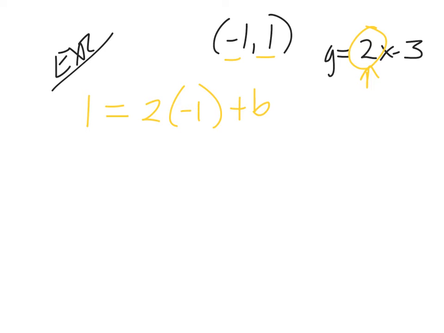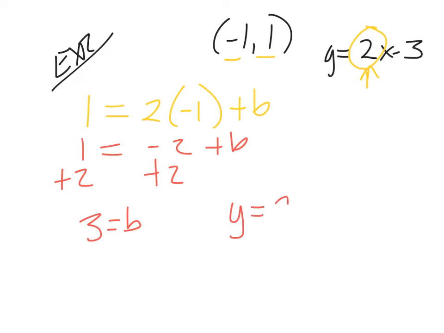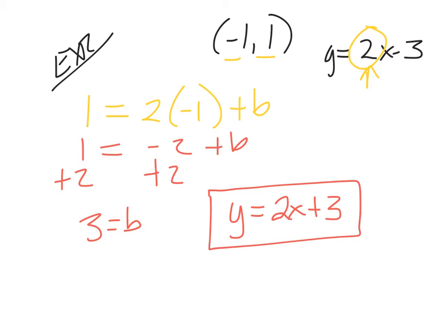2 times negative 1 is what? Yep. So then to solve for b, I add 2. So I get 3 equals b. So my equation is y equals 2x plus 3. This equation is parallel to this other line, but it passes through this point.